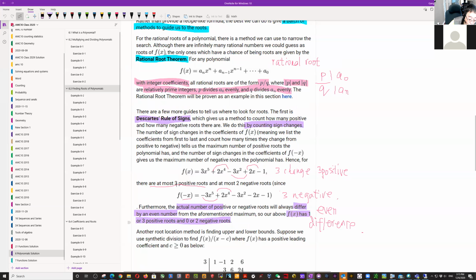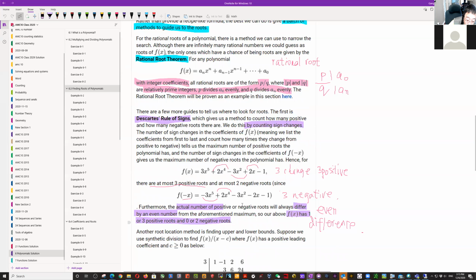And here, we will re-evaluate f(x) with a negative x. If you plug in negative x here, because this is an odd power, it becomes negative 3. And because negative x to the 5th power is negative x to the 5th, this becomes a negative sign. This is positive.